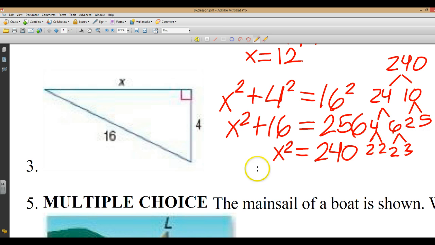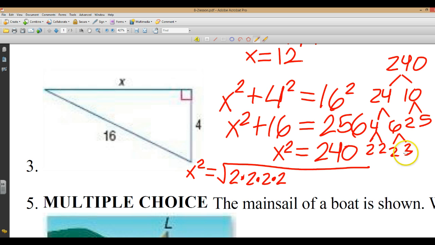So x is equal to the square root of 2 to the 4th times 3 times 5, not 15, getting ahead of myself there.